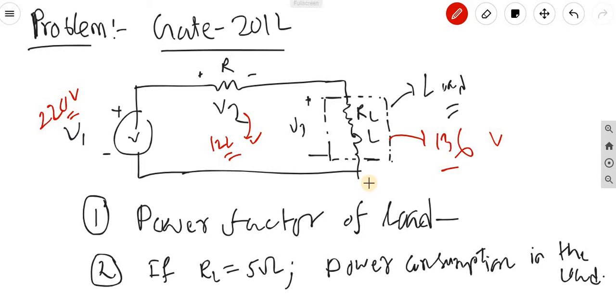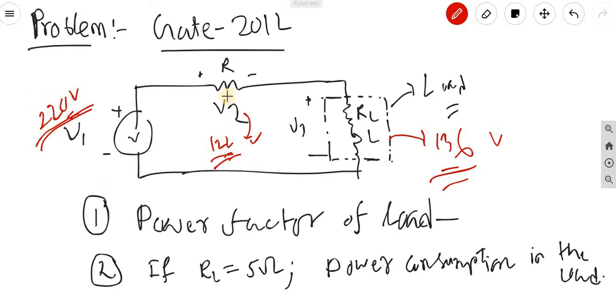But if simply one value is given, either voltage or current, that value is only the RMS value. Be careful.